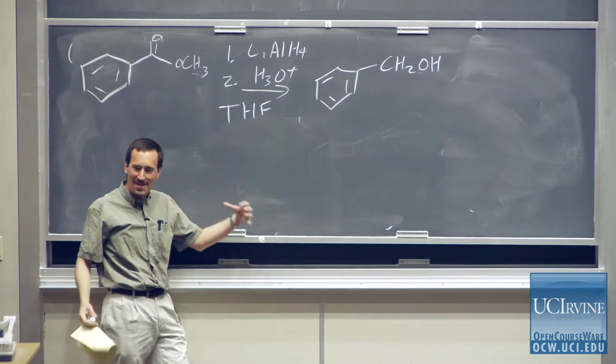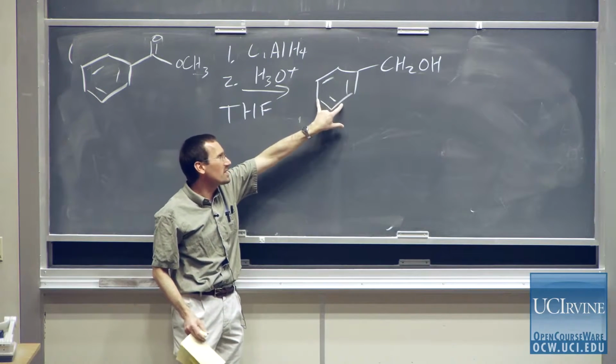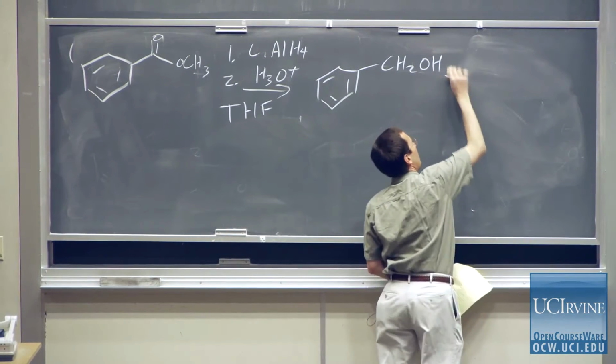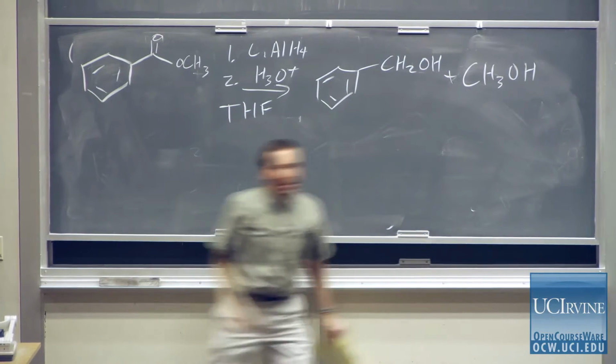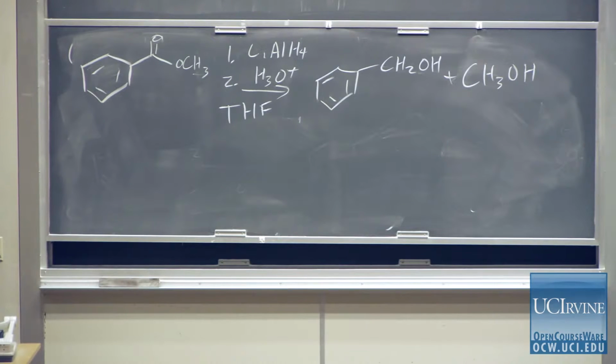Your organic chemist is typically focused on the big stuff, but I'm going to write this product, benzyl alcohol, and the other organic product, methyl alcohol, methanol. And collectively, then, these two constitute the organic products of the reaction.